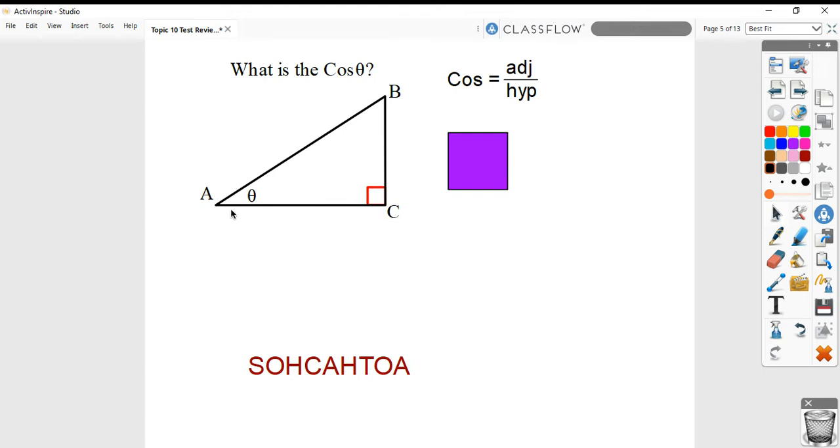The adjacent side is the one that's right directly next to our angle. It's the one that does touch our angle. So our adjacent side is going to be CA. The hypotenuse is always the side opposite of the right angle, so that's going to be BA. So we've got CA over AB as the adjacent over hypotenuse, CA over AB.